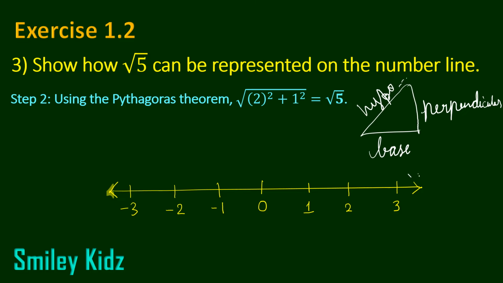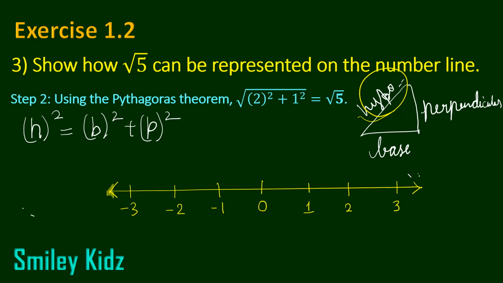Pythagoras Theorem tells us that hypotenuse square is equal to base square plus perpendicular square. That is, the square of the hypotenuse is equal to the sum of the squares of base and perpendicular. So, we have to assume such values of base and perpendicular whose squares' sum will be equal to the hypotenuse square.